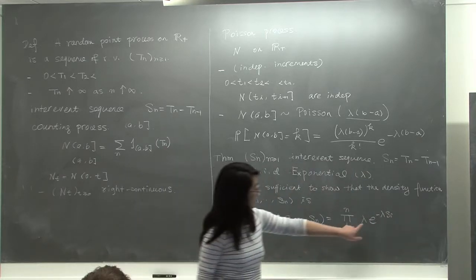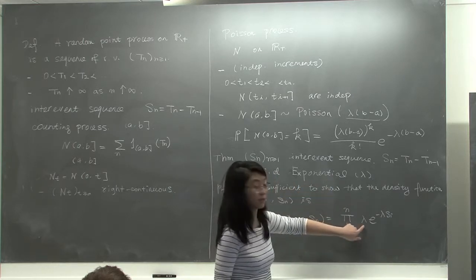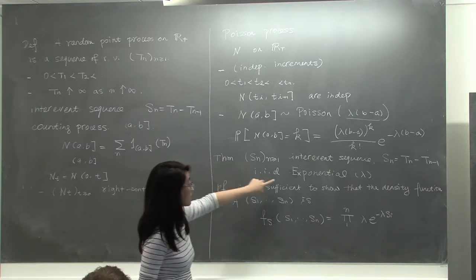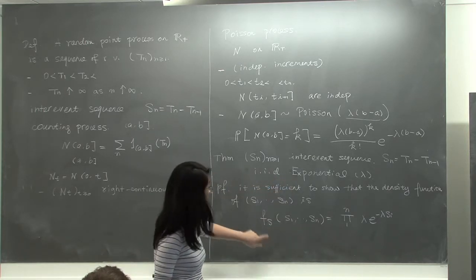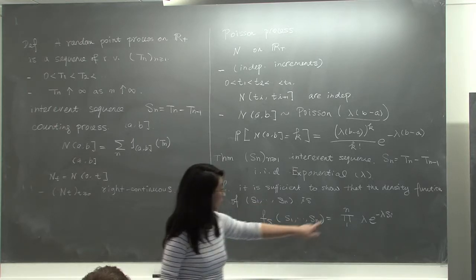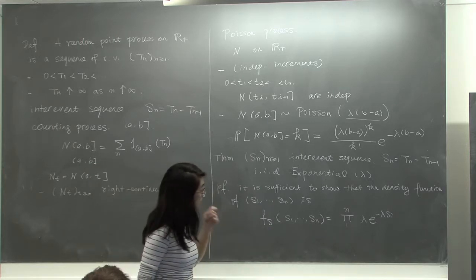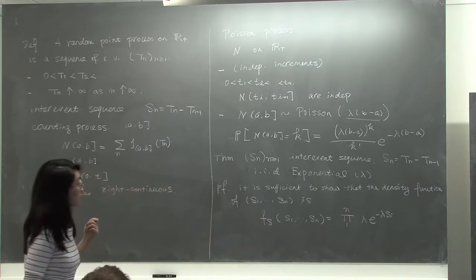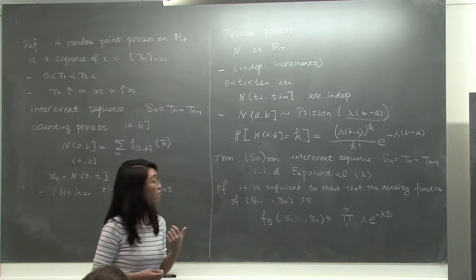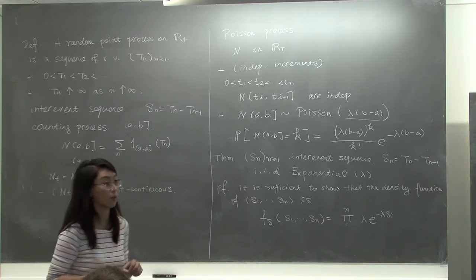So for each one, it corresponds to an exponential random variable with intensity lambda. And if this Sn is IID with exponential law of parameter lambda, then the density function of this vector S1 to Sn should be given by this form. So if we prove this is true, then it shows that the sequence Sn is an IID sequence with common law exponential with parameter lambda. So mean is 1 over lambda.